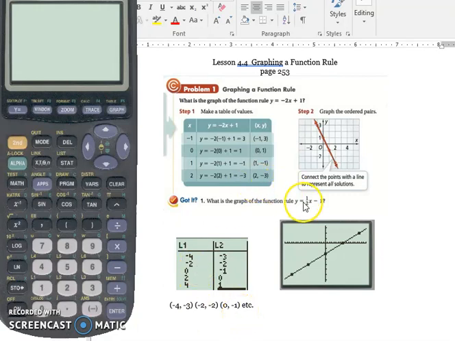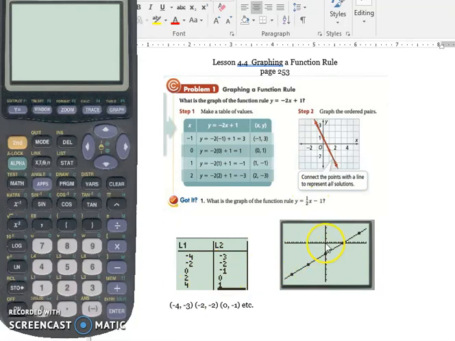If I put -4 in there, the reason I used even numbers is because I knew I was multiplying by 1/2, so I didn't get fractions that I had to graph. So if I put a -4 in there, half of -4 is -2, minus 1 would be -3. If I put a -2 in there, I get -1 minus 1 is -2, etc. If I put a 0 in there, this is 0, so I just get -1.